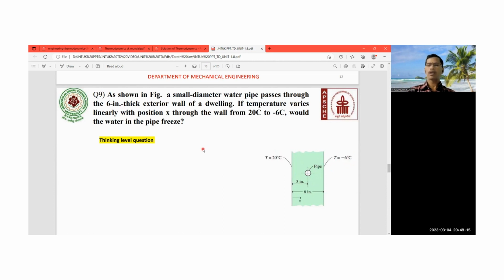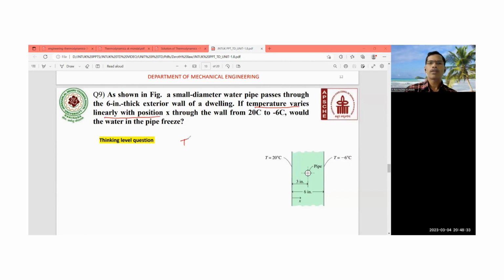Sometimes the problems are in a realistic situation, especially from the thermodynamics point of view. So how are you going to solve this particular case? Here it is mentioned the temperature varies linearly with the position x.